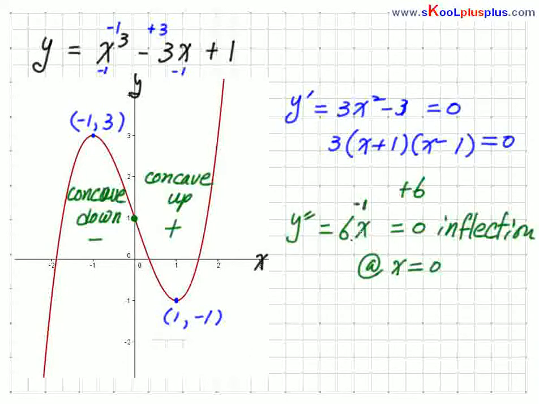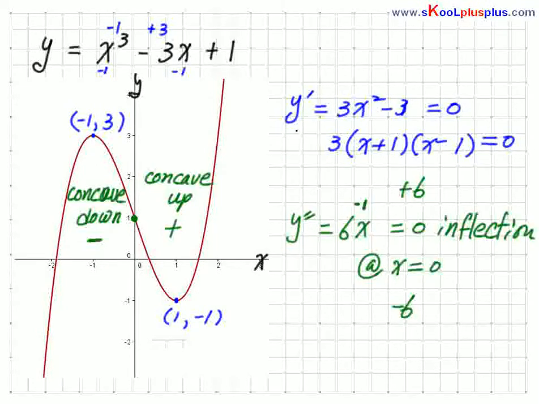We plug in negative 1, that means negative 6. The second derivative is negative 6, so concave down. Look at that, it's beautiful. That's the inflection, concave down, concave up. Wow, that means this is the original right here.